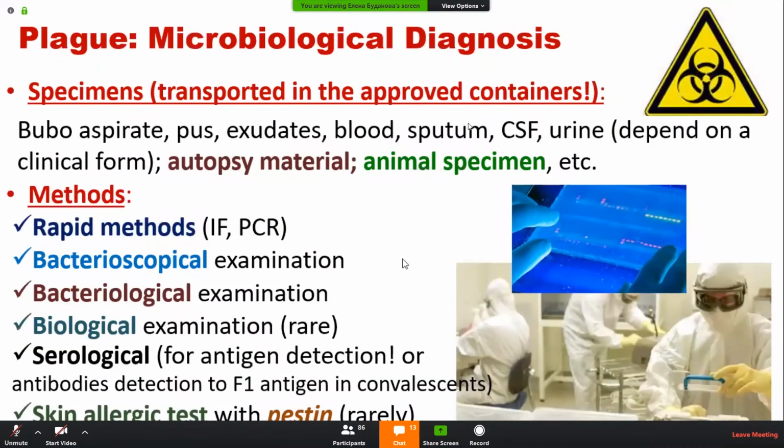Microbiological diagnosis. I want to stress that it is biologically hazardous, I mean working with living culture. That's why the examination is basically done in specialized facilities, except for maybe bacterioscopical examination of fixed slides, like we do during our classes.